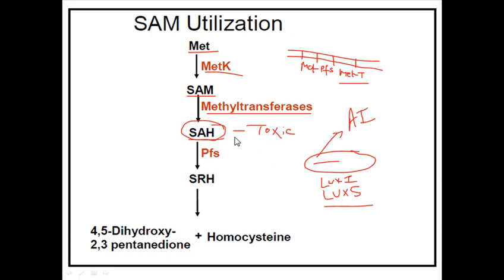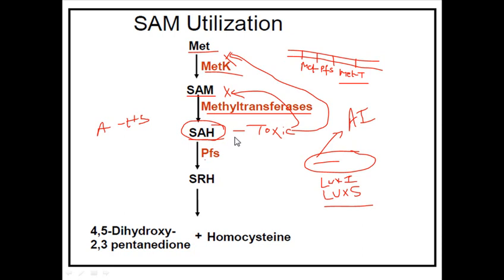But this is toxic. Why? Because this adenine with homocysteine residue molecule can block the previous step via feedback inhibition. So we need to convert this molecule into some other type of molecule which is not so toxic.